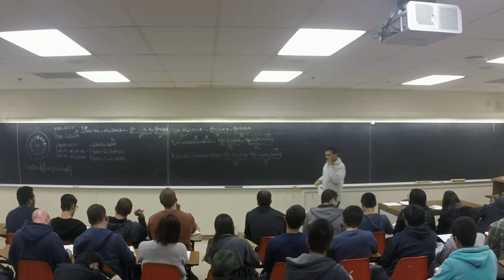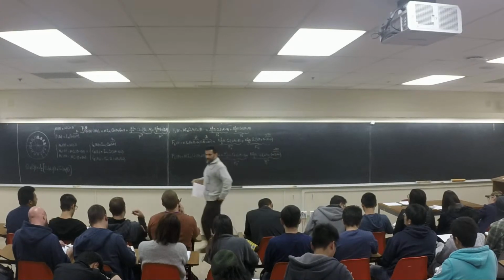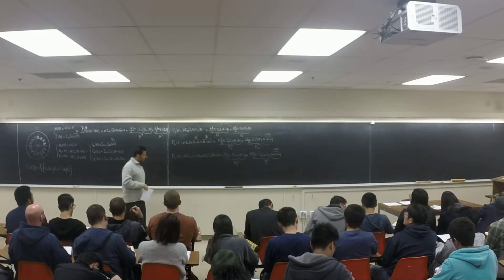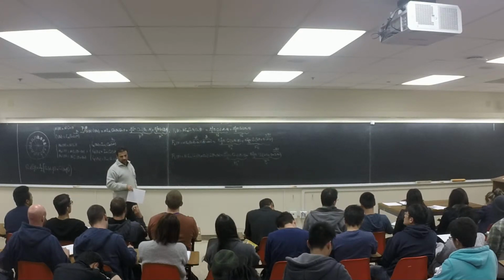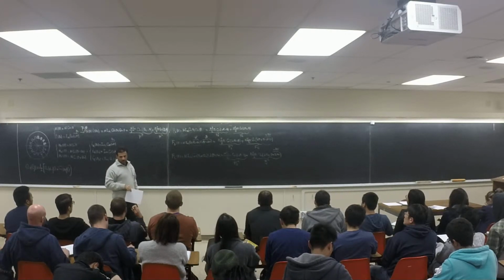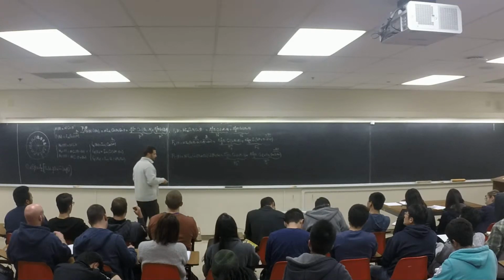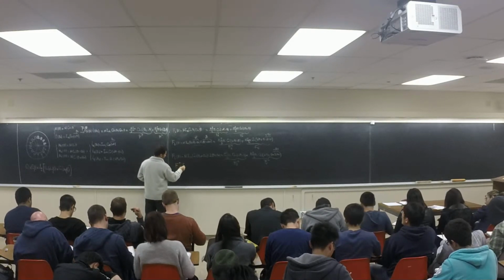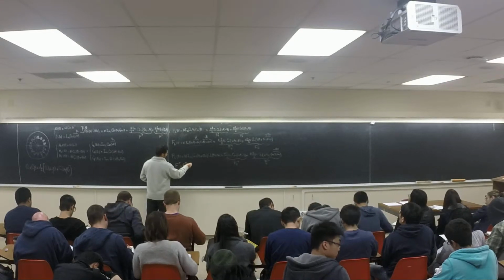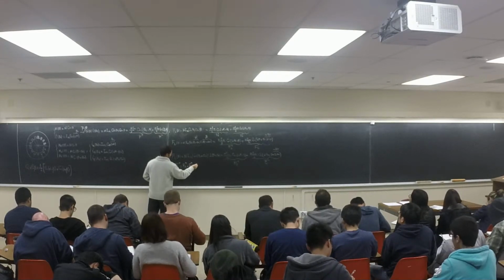Now, let's look at here. What do you see about the FA plus, FB plus, FC plus? They're the same, right? Let's call it F plus. F plus is FA plus plus FB plus plus FC plus.